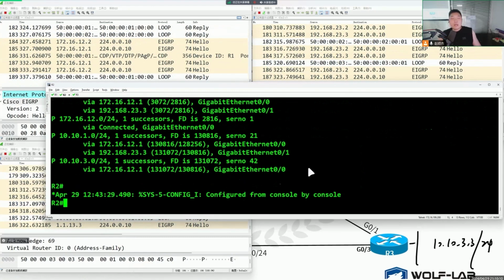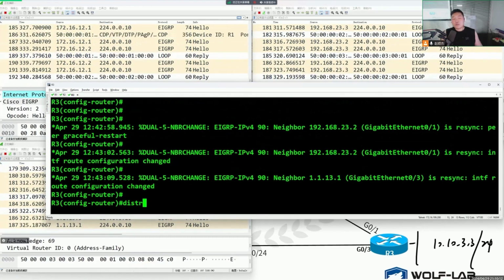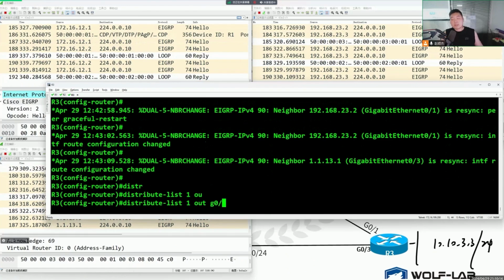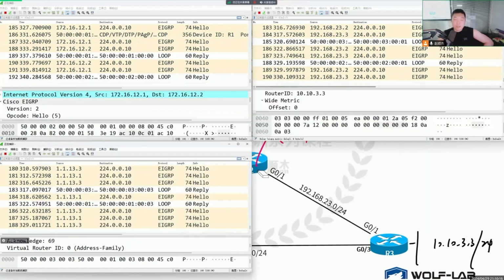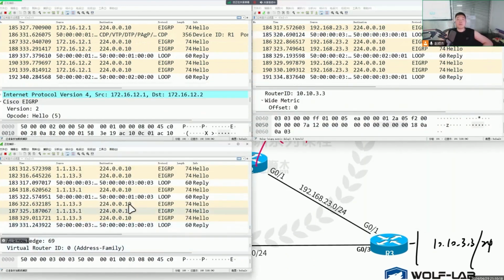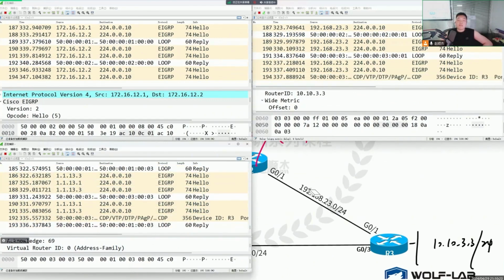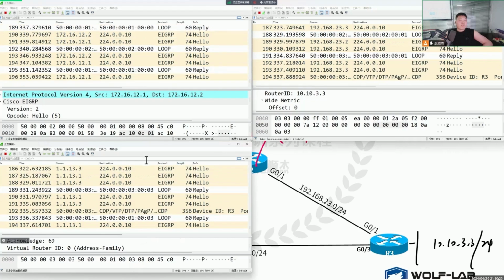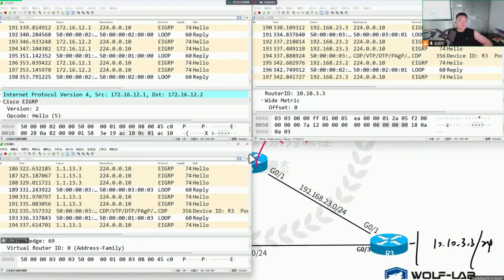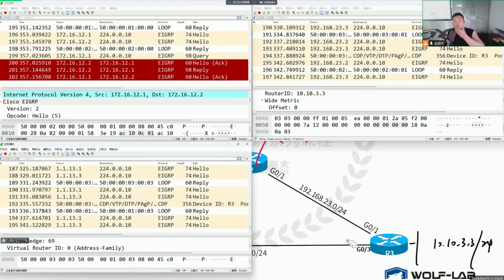We filter, then R1 will immediately lose an entry and send a query to R2. R2 finds that the next hop is R1 and continues to send a query to R3. Then R3 tells R1 this entry has no other reachable paths.